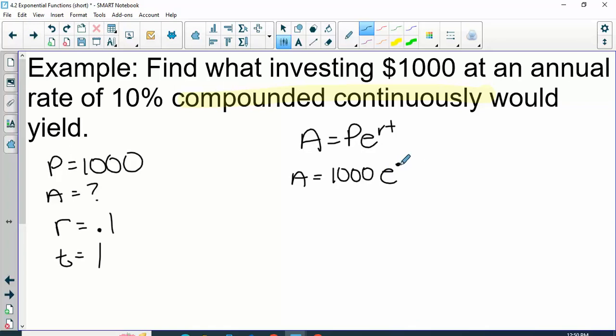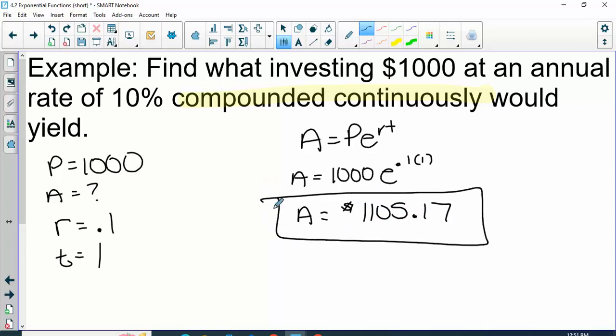E to the 0.1 times 1 power. So 1,000, if you do second, the natural log, it'll put the E and then move you up to the exponent. We should get $1,105.15.